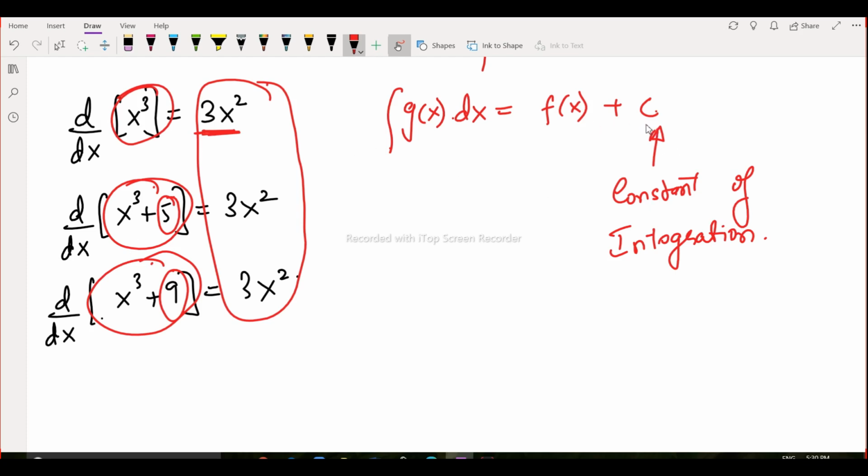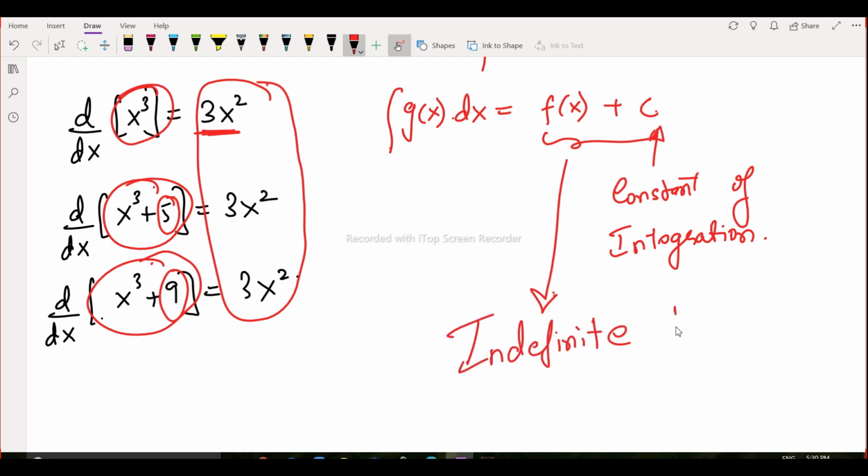So we'll write plus c. Now this plus c can be 0, it can be a fraction, a negative number, a positive number. Since this entire thing does not have a definite value, this type of integration is known as indefinite integration.